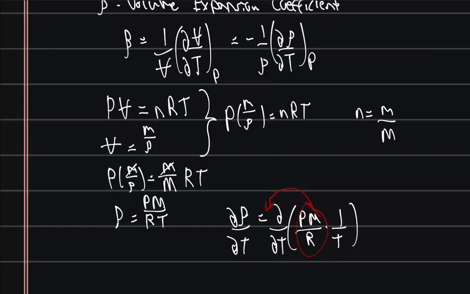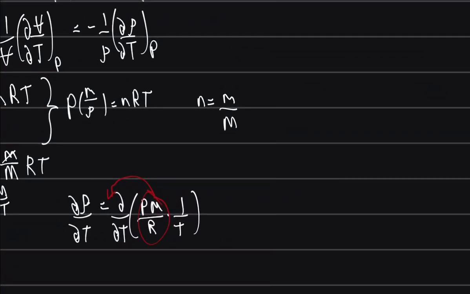And then derivatives. I'll go over here and review derivatives if we don't know how to take a derivative of this. So the derivative of 1 over x, we could rewrite this as x to the negative 1 by exponent rules.